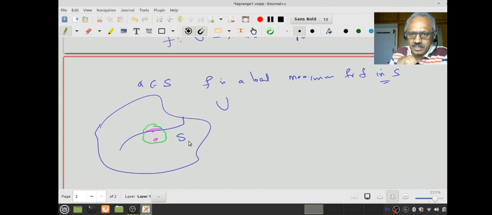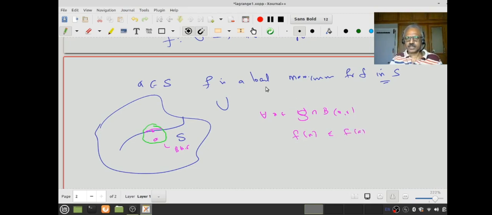Therefore, for every x in U intersection S intersection the ball, f of x is less than or equal to f of a. So you understand the local nature with respect to the subspace topology of S.